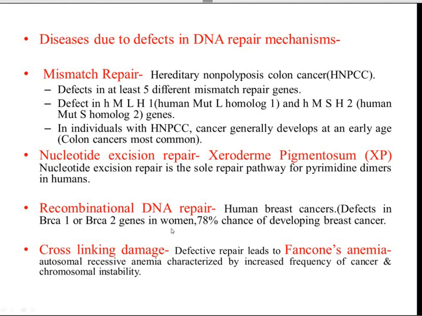Then, if there is a defect in repair of cross-linking damage, it can lead to Fanconi's anemia. Fanconi's anemia is an autosomal recessive anemia, which is characterized by increased frequency of cancer and chromosomal abnormalities.